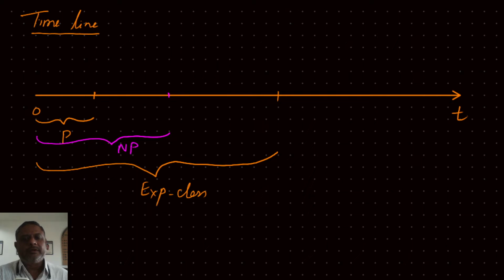So we can call them a NP class of problems. So as we move ahead, that's a P, that's a NP, that's a exponential. So those are the boundaries.